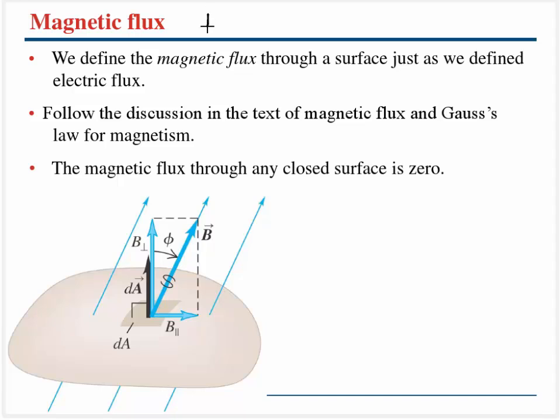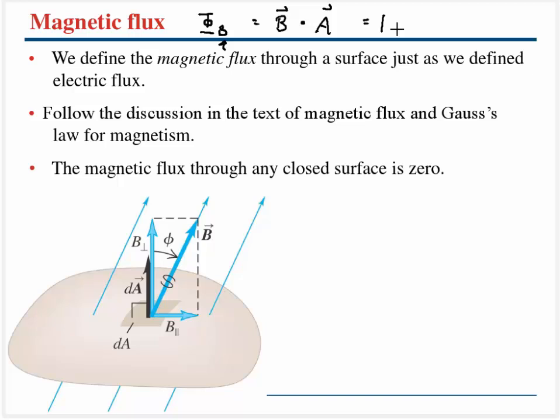We can also talk about magnetic flux. It's going to look very similar to everything we talked about for electric flux. Same symbol, but I'm putting a little B right there to indicate this is magnetic flux, not electric flux. And that's just going to be the dot product between the magnetic field and the area vector. The area vector is always going to point normal and outward to any given surface.